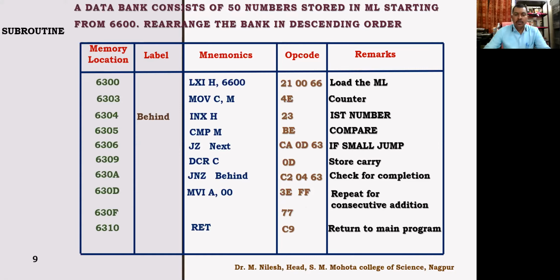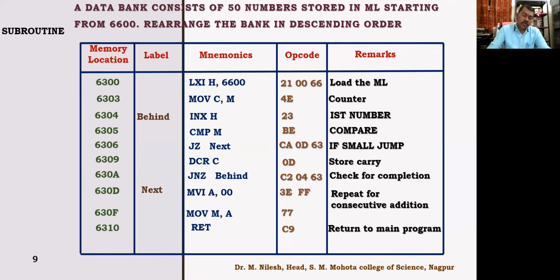So this is the subroutine for the ascending order that we have, and I just checked that MBI move A 3E FF, and then again we have another instruction, move A to M, that is 77, meaning the memory location should have this number again back.